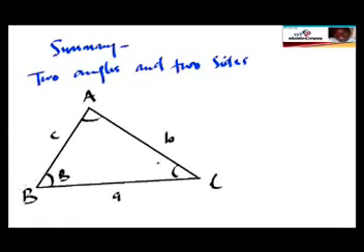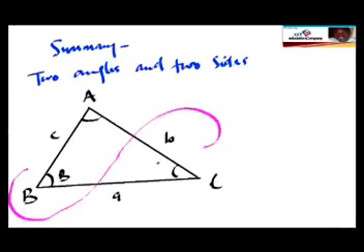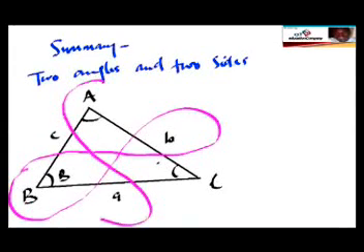Just look at this diagram. It's a dumbbell shape. So if I'm looking at a question that involves B and small b this way, this is a dumbbell shape, and A and small a this way, another dumbbell shape, then I'm actually talking of using the sine rule. The moment you can identify two dumbbell shapes in your triangle, you should be talking about using the sine rule.